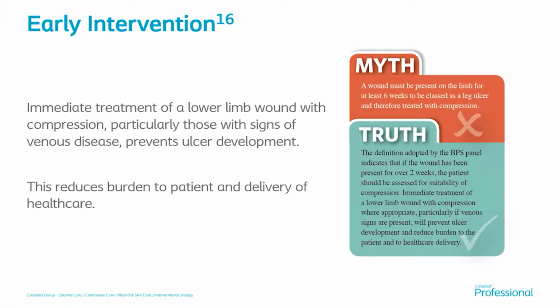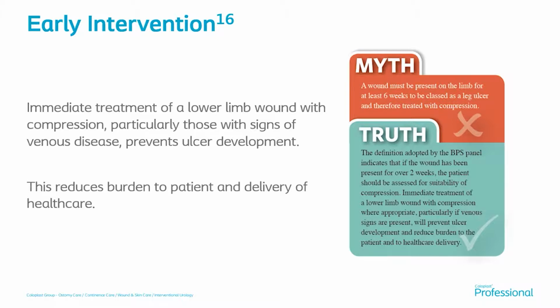So early intervention is key, and this is why we look at that 2-week mark of having a wound on a lower limb and being able to treat it appropriately. We've seen within the Betty story and the different pathways the difference that optimal and suboptimal treatment can give. So immediate treatment of a lower limb wound with compression, particularly with those patients who have signs already of venous disease, is key.